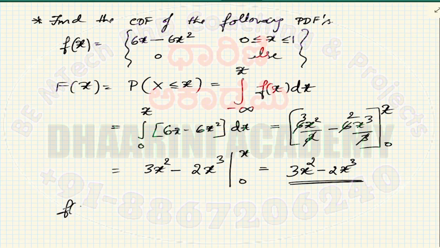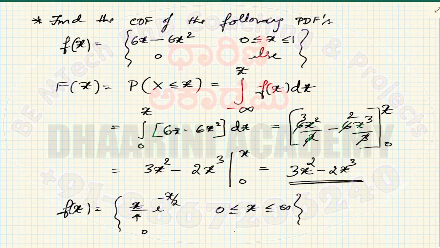f of x is equal to x by 4 e to the minus x by 2, for 0 less than or equal to x less than or equal to infinity, and 0 else.